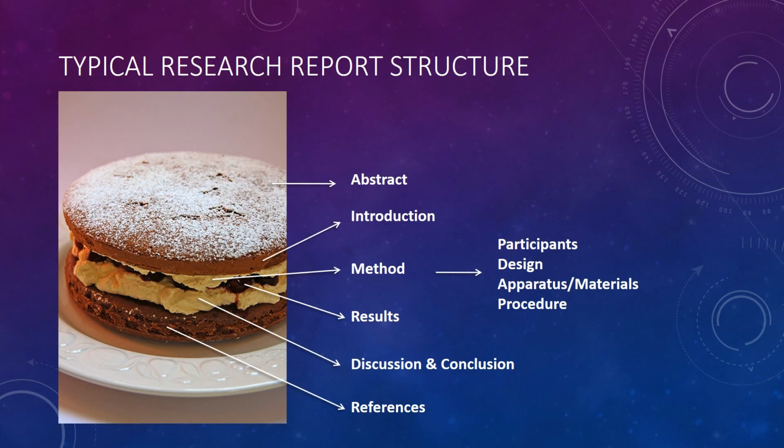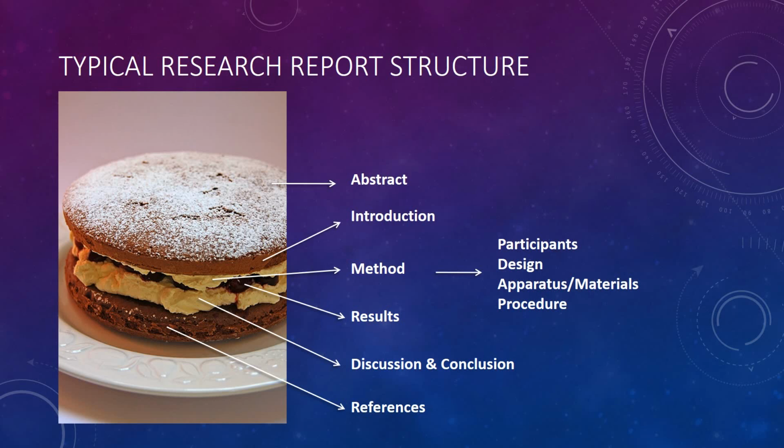Once you've discussed the methods used, you will go on to the actual results. What are your statistical outcomes based on the design of the study that you mentioned earlier? And once you have your results, you would have the discussion and the conclusion. And then finally, you would have your references and appendices.